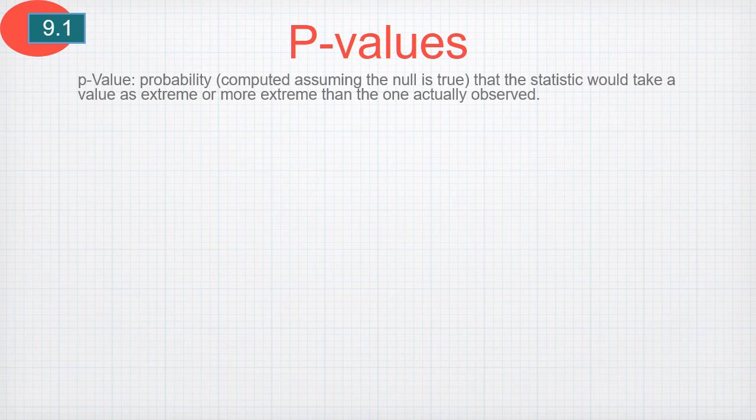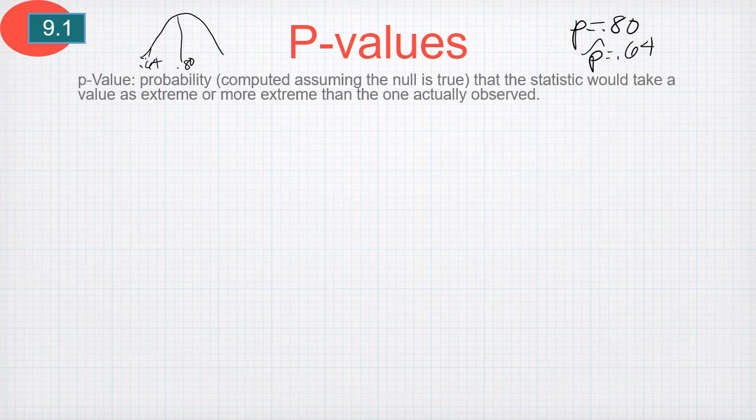So with the baller example that we were talking about yesterday, she claimed that she shot free throws at an 80% success rate. When we actually calculated p-hat, we found that p-hat was 0.64. So then we looked at a distribution, and we were looking at if the true mean was 0.8, what's the chance that it's going to be 0.64?